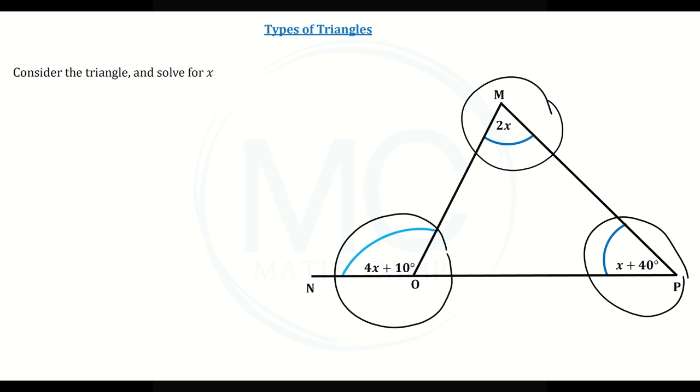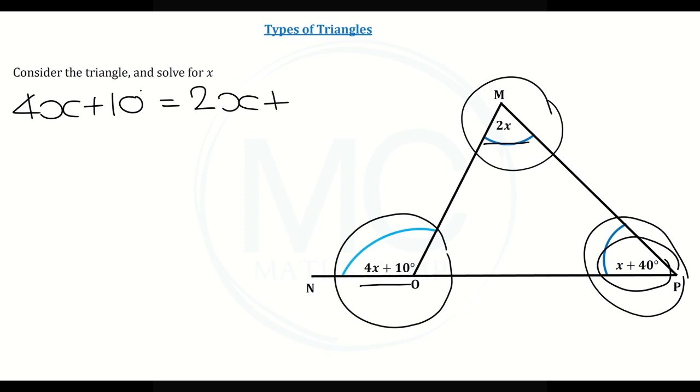The exterior angle, 4x plus 10 degrees, so we can say 4x plus 10 degrees is equal to the opposite interior angles. M is 2x, you can say 2x, plus P, x plus 40. So we say x plus 40 degrees.